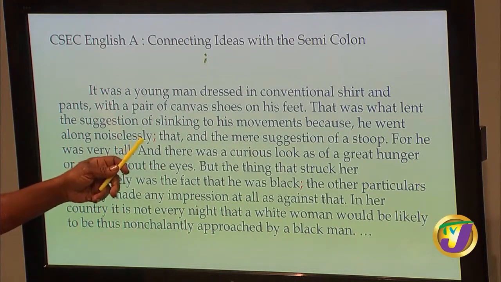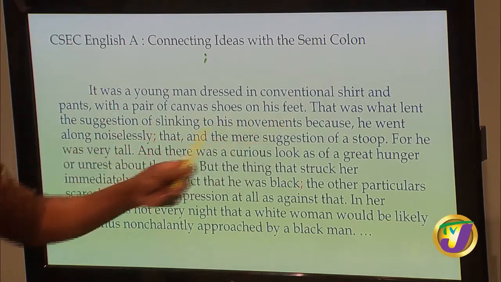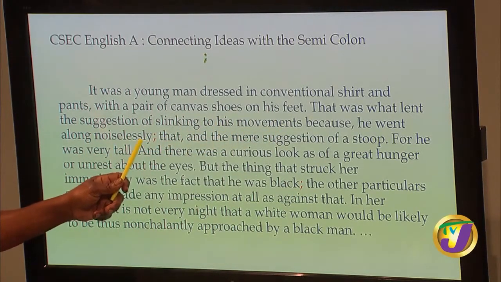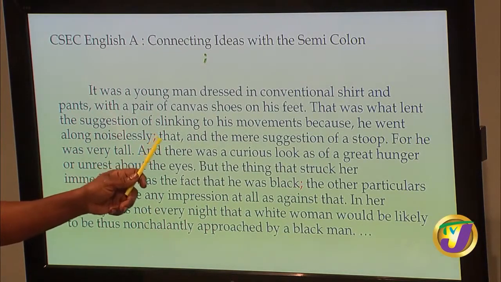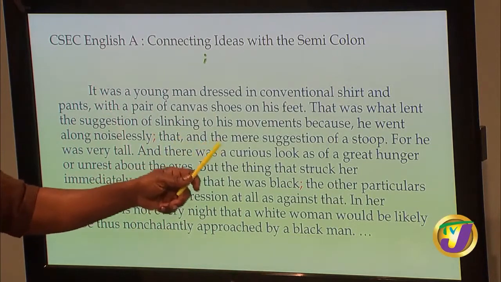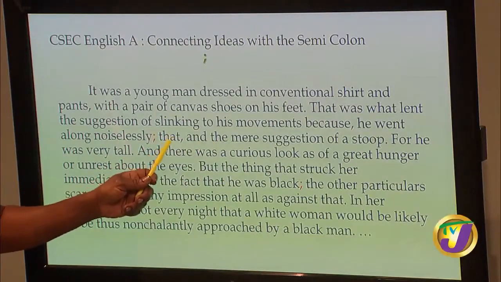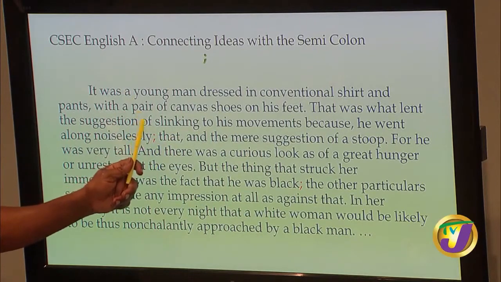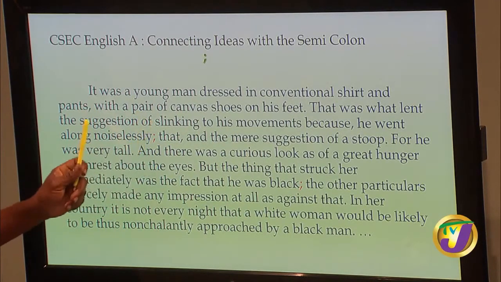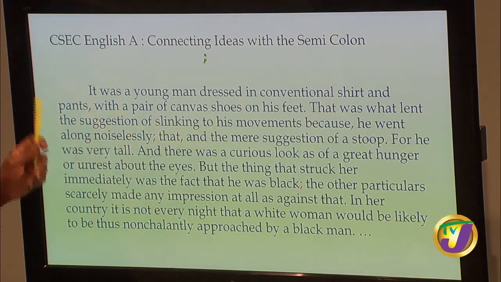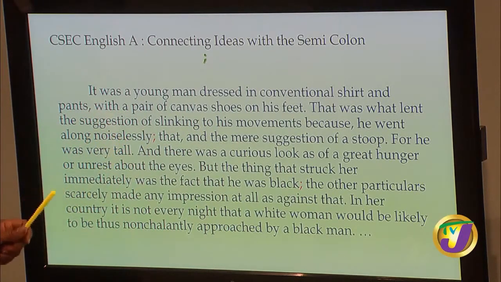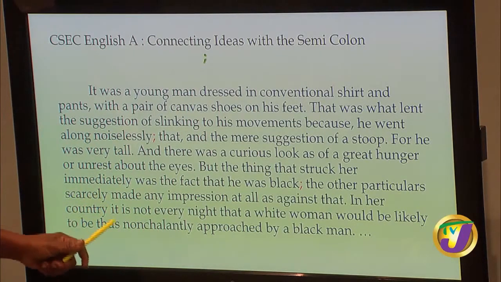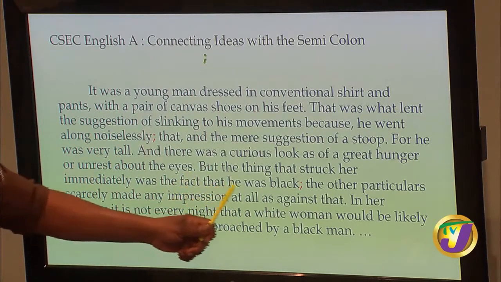The sense of an independent thought right here, the speaker has come to the end of a thought that can stand by itself. That and the mere suggestion of a stoop. So that is a transition from the slinking of his movements and is walking noiselessly. And we can see that the second semicolon is down here.